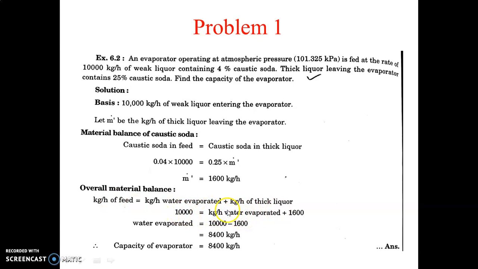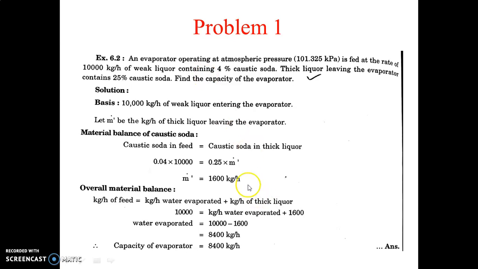This quantity we do not know, and we had already calculated the kg of thick liquor, 1600. If we rearrange this equation, we get 10,000 minus 1,600, which is 8,400 kg per hour. This is actually kg per hour of water evaporated, which is also called the capacity of the evaporator.